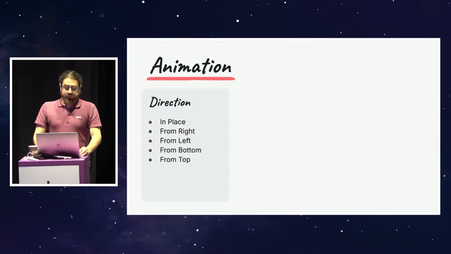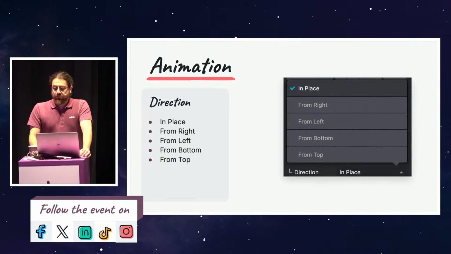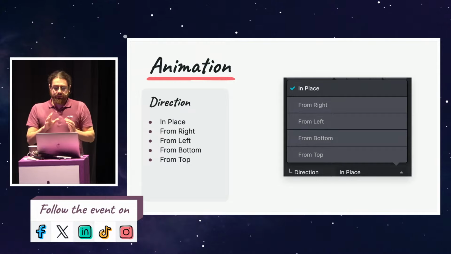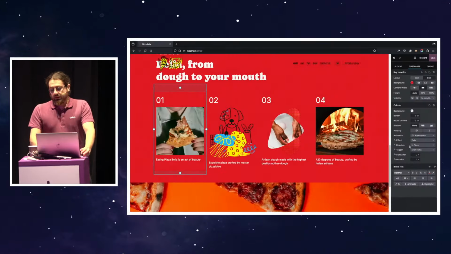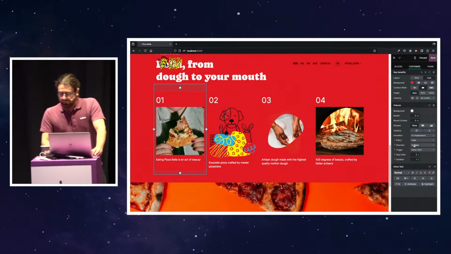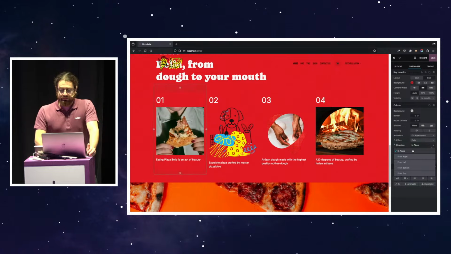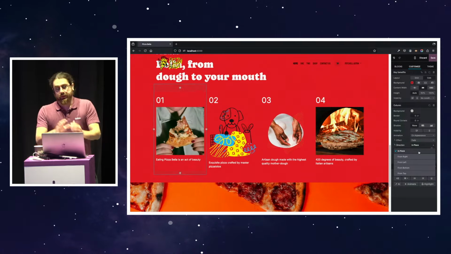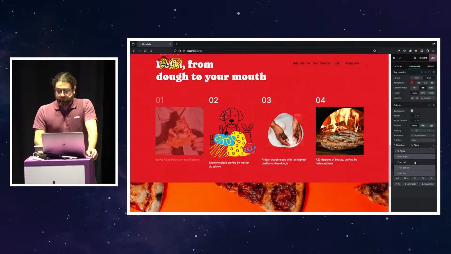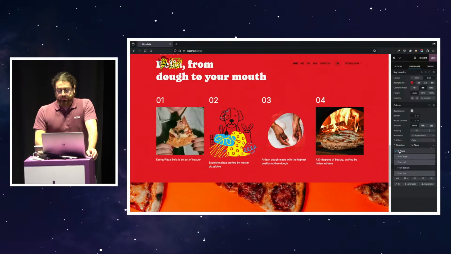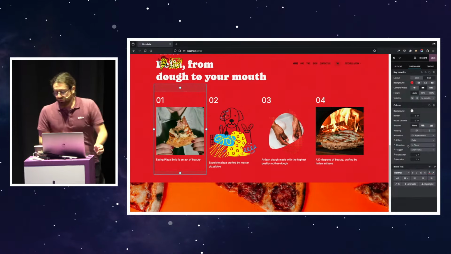The last point to talk about here is the direction. For some kinds of animations, we have directions to apply. For instance, with a fading animation, the element can fade either in place, meaning that it's going to stay in the same place every time, or it can be applied from right, from left, from bottom, or from top. And why would we use an animation direction effect?